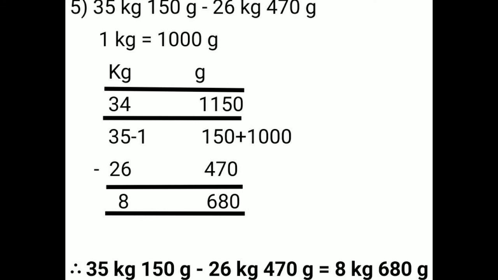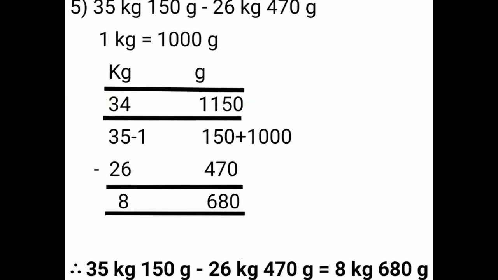Then when we go on with the subtraction, we can see that we can subtract 26 from 35, but we cannot subtract 470 from 150, for which we'll have to borrow 1 kg from 35 and add it to 150 gram as 1000 grams, which will give us 34 kg and 1150 grams.